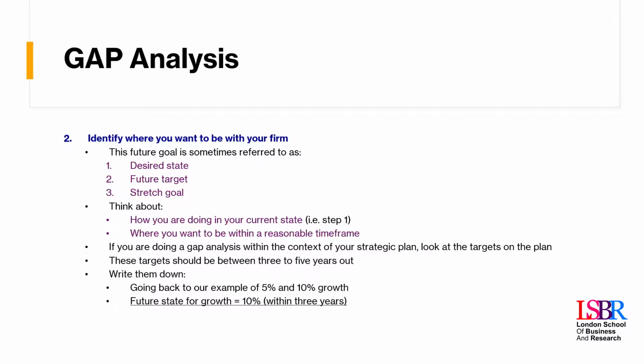If you're doing a gap analysis, you need to know the context of your strategic plan. You need to know what it is you're looking to achieve and why those targets are relevant. These targets should be usually between 3 to 5 years out so that you can achieve it by the end of year 5 or the end of year 6 or the end of year 7, okay?